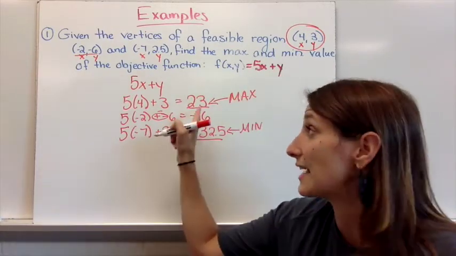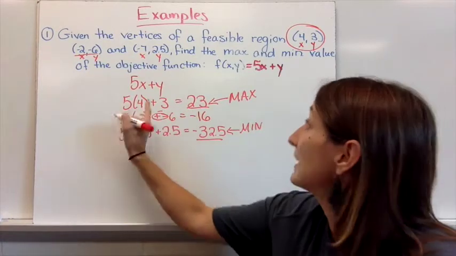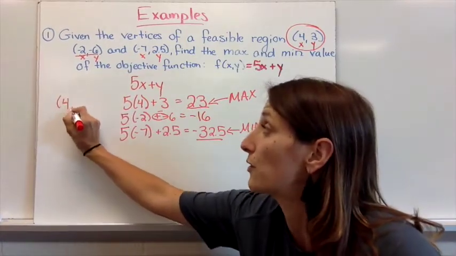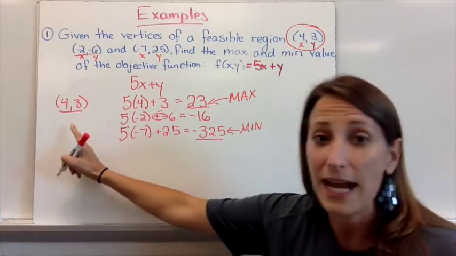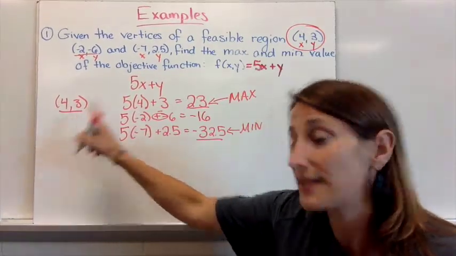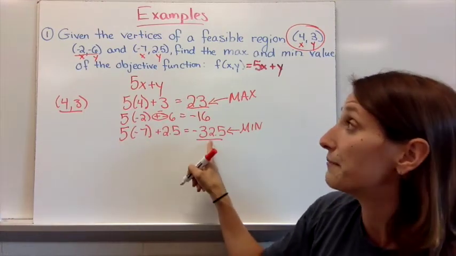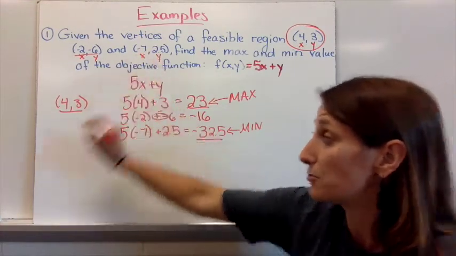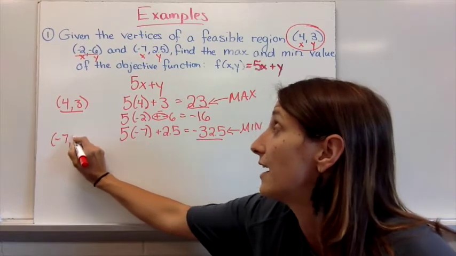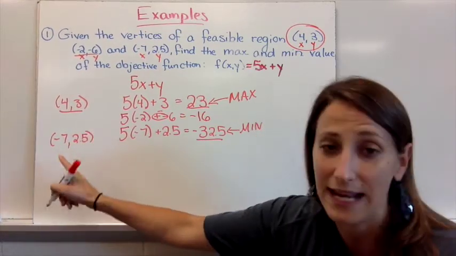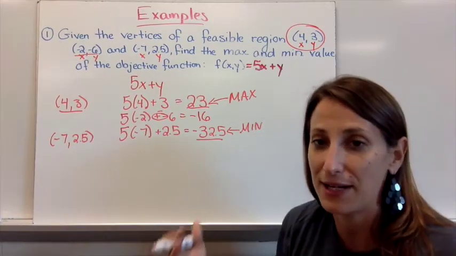So remember, to get this maximum value, I really got that from the point (4, 3). So (4, 3) is the maximum point that gave me this maximum value. Same idea with the minimum. So the minimum value came from the actual point (-7, 2.5), and of course we can't have -7 cars, but you get the idea.